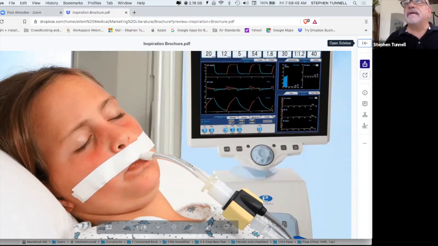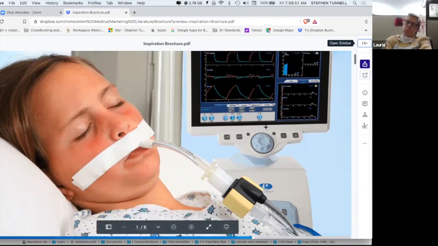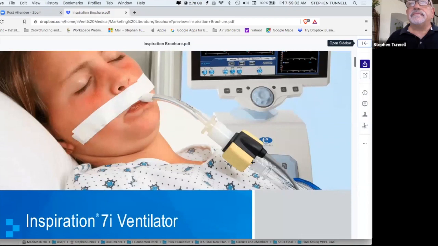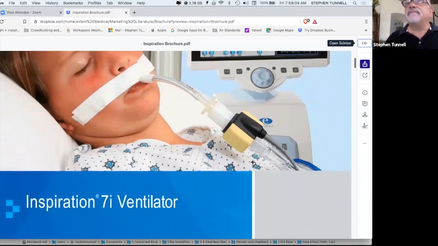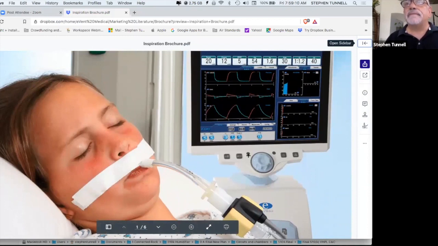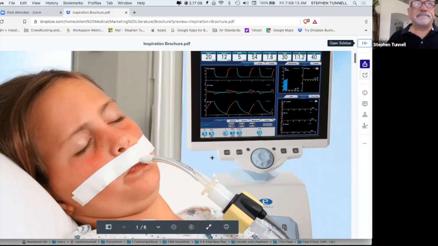The patient has an endotracheal tube in place. They have a sensor at the airway to measure CO2. That's an option we have. And then the ventilator is operating with a set of parameters across the top and a knob.